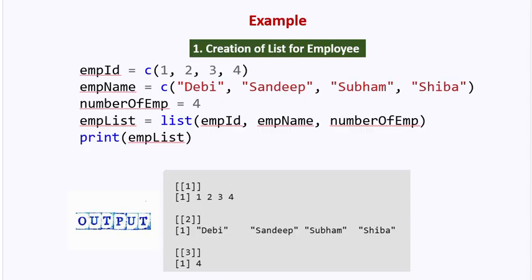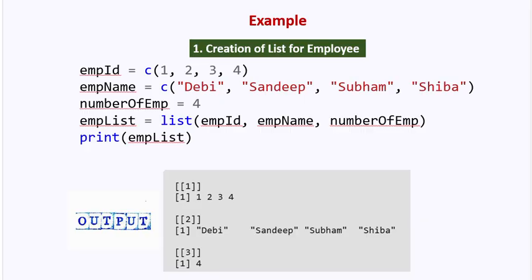So these are the IDs of our employees. And the c we mentioned here is used to create a vector, which is also one of the data structures in R programming. We will be seeing about vectors exclusively in the upcoming videos. Let me keep this concept of list in our mind, and proceed with how to store this collection in a single list.